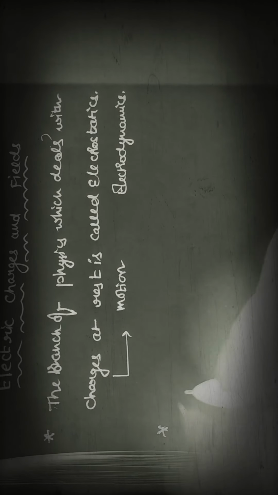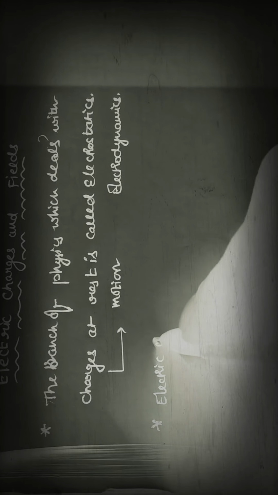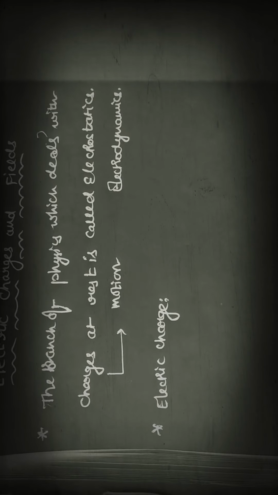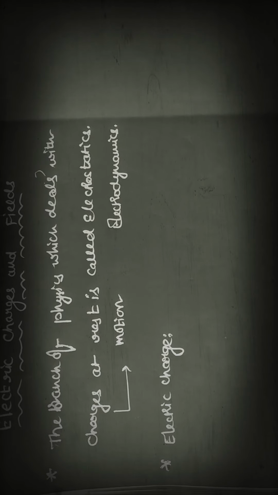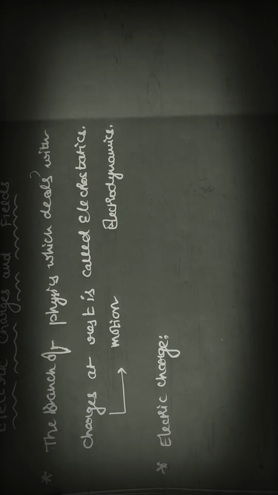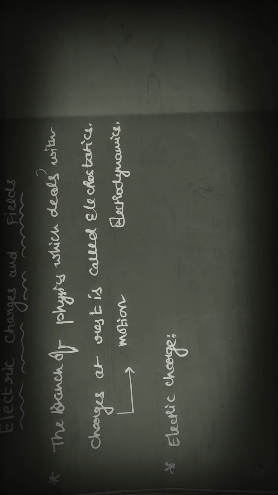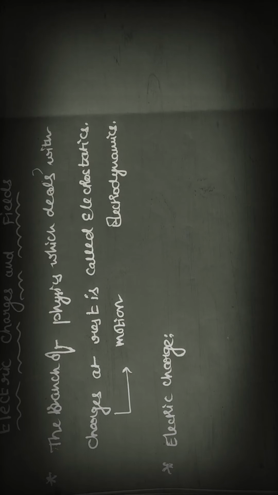Next point, what is meant by an electric charge? If you consider a single atom or a single body, the body is made up of a number of particles. According to Bohr's theory, all the electrons revolve around the nucleus in a circular orbit.